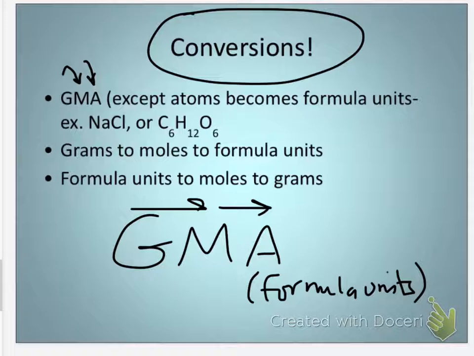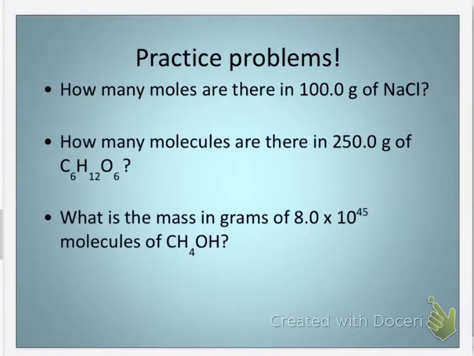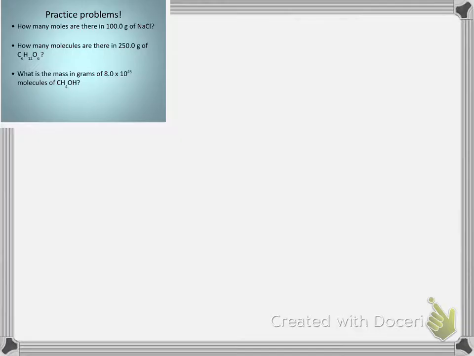Let's do some practice. So the skills that you have to have well established to do these are how to find molar mass given a chemical formula. So if we wanted to know how many moles there were in 100 grams of sodium chloride, well, let's just set that up.